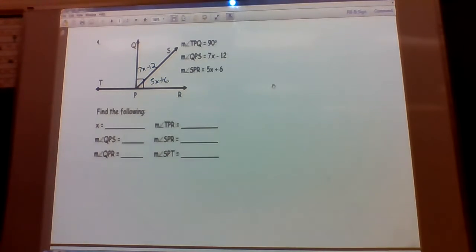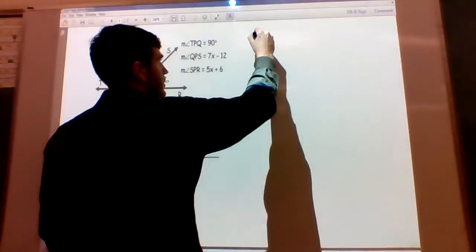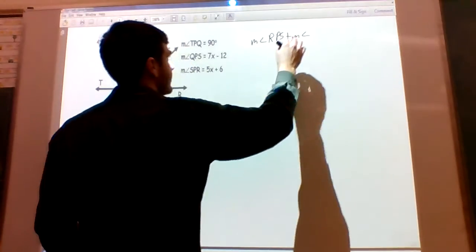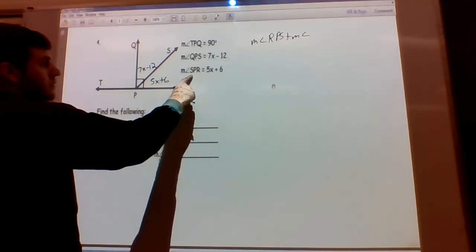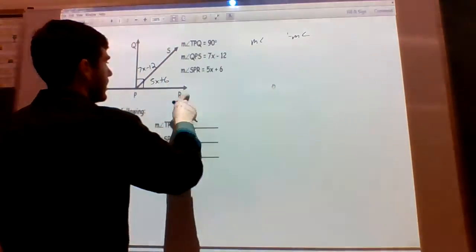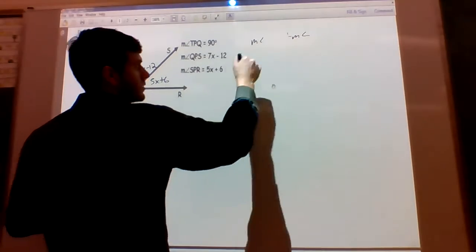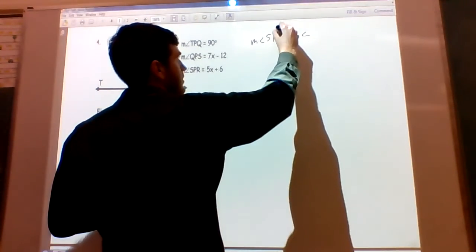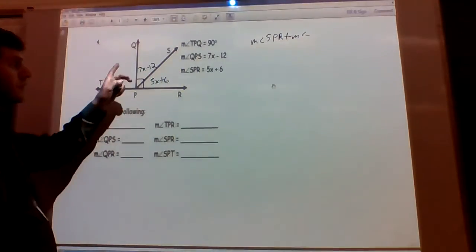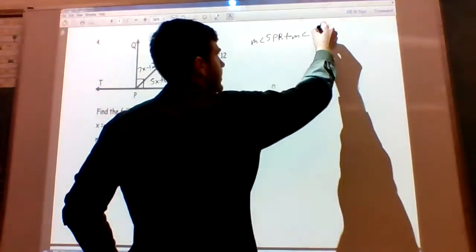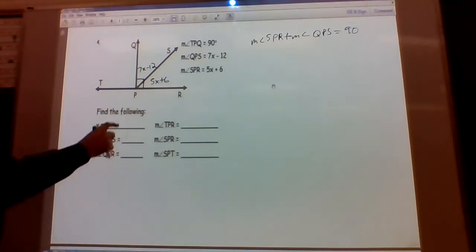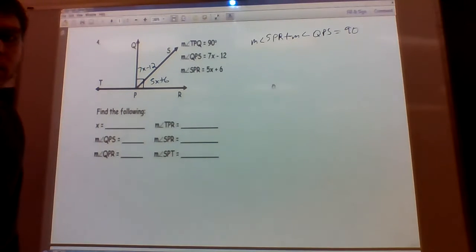We know a right angle is 90 degrees, so the measure of angle SPR plus the measure of angle QPS is going to equal 90 degrees. They said SPR, so let's call it angle SPR. These two add up to form our right angle. That's our angle addition postulate.